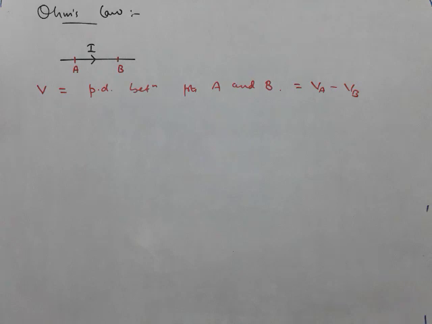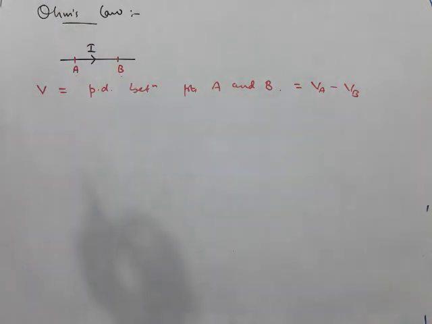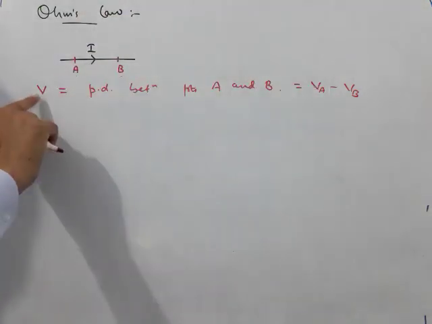When I say potential difference, that is the difference in the potentials at points A and B. So VA minus VB is our V.